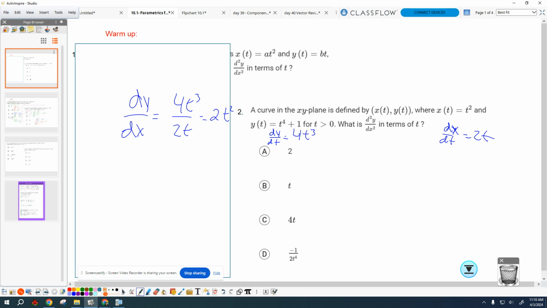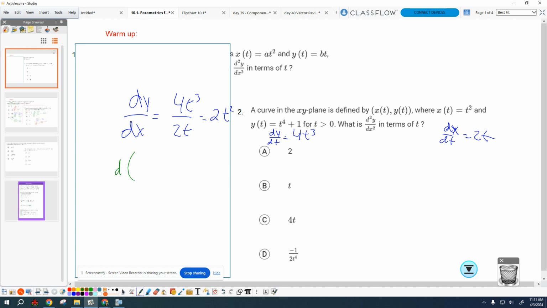I didn't prepare my notebook for this. All right. So dy dt, 4t cubed. dx dt, 2t. The one over the other. Not any which way, but the y over the x. Did I reduce it right? Okay.